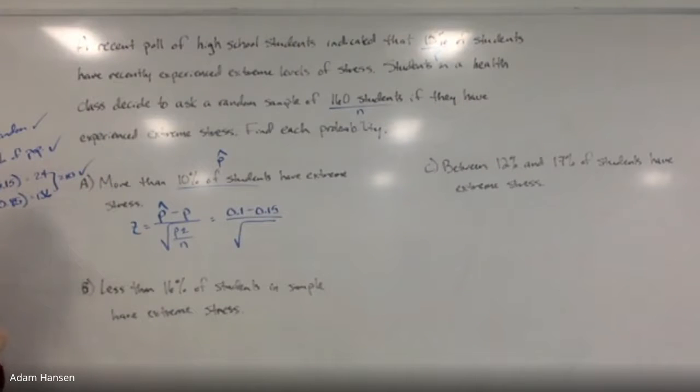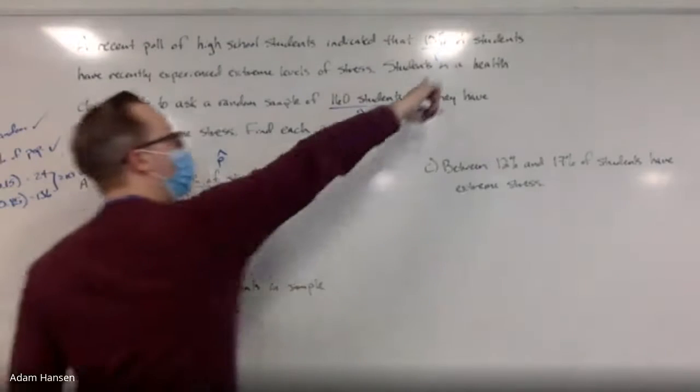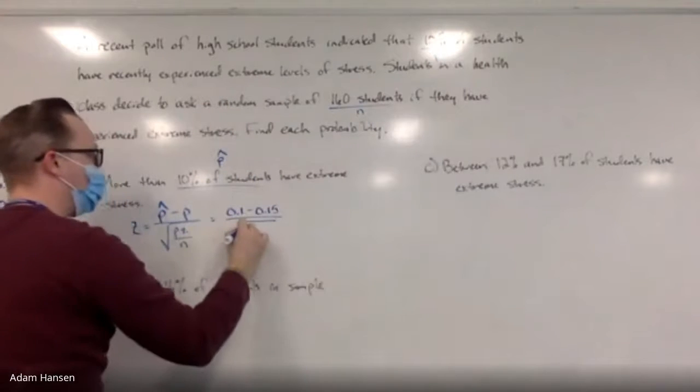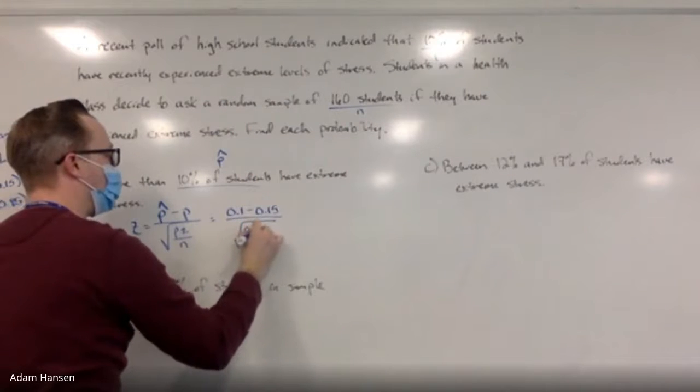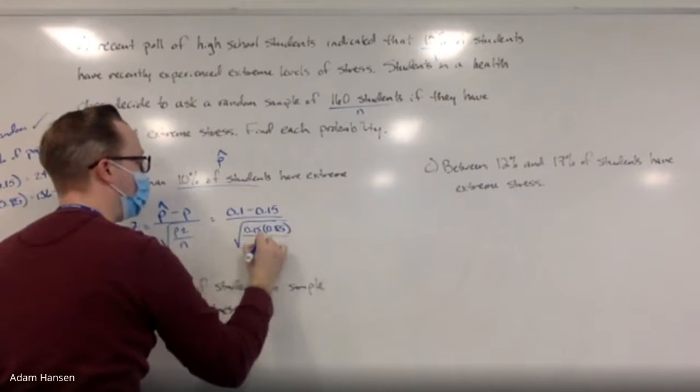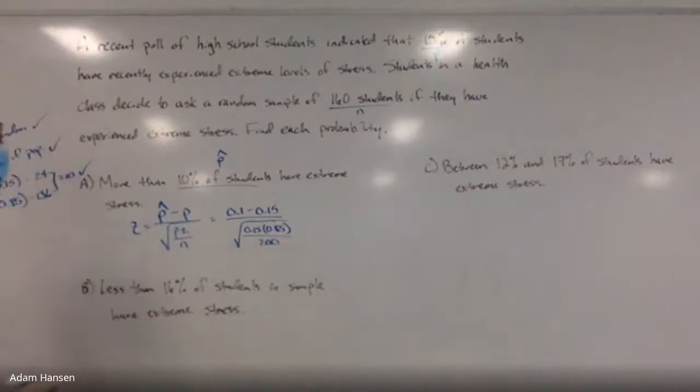What's going to be in my standard deviation? P times q would be what two numbers? Is P 0.1 or 0.15? 0.15. P and Q are the population proportions, so P is 15%. Q would be everything else, the other 85% that do not have stress. Divided by 200.